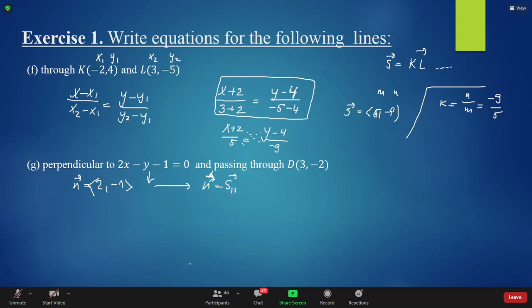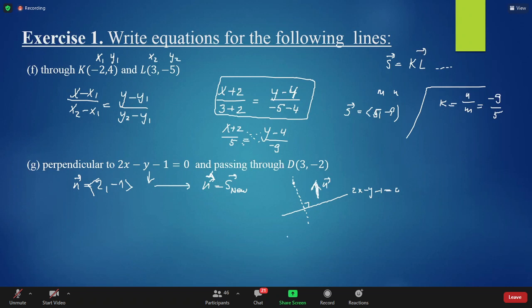The normal vector of my line, because this is my line, 2x minus y minus 1 is 0. Then I have a point somewhere. I need to write an equation for the line perpendicular to it. I know that the normal vector for the given line is 2, minus 1, and I can use this normal vector as the direction vector for this new line.